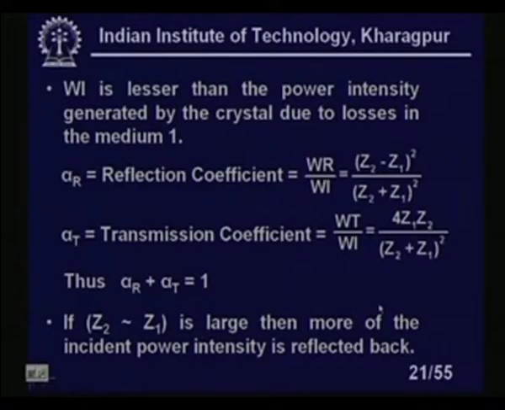If Z2 minus Z1 is large, then more of the incident power will be reflected back from medium 2, right. Using this principle we will make the level sensors, right. Even though sometimes it feels like a bad quality, this property will be utilized to make very good sensors for level measurements as well as crack detection in a metal. Clear?